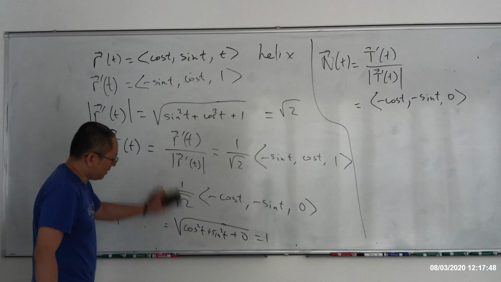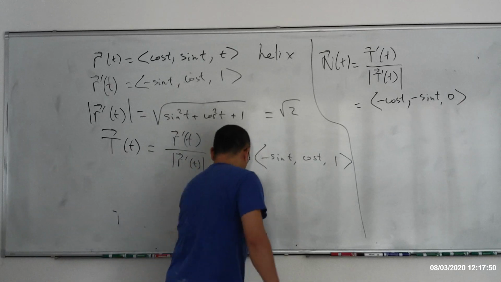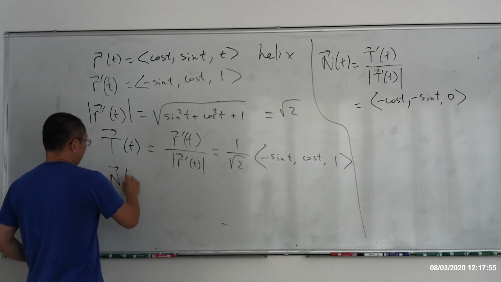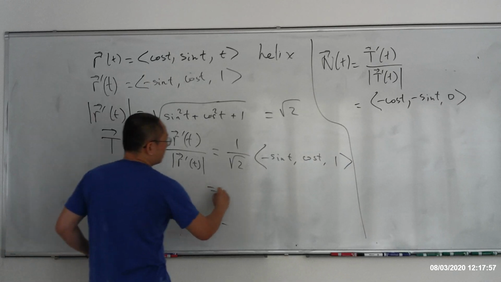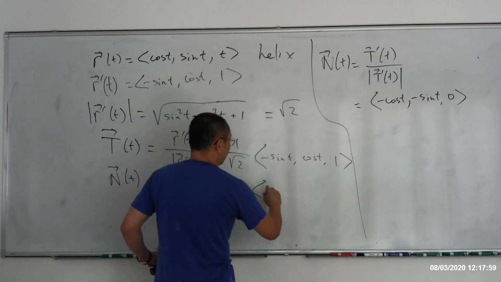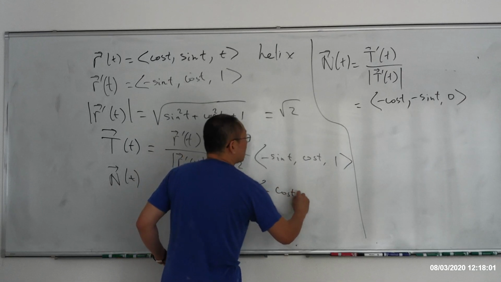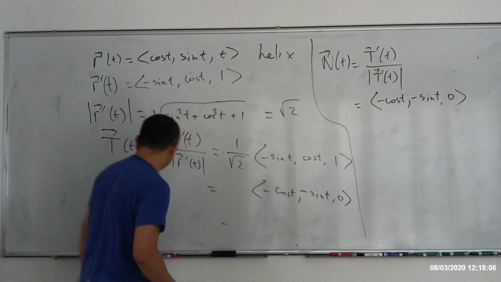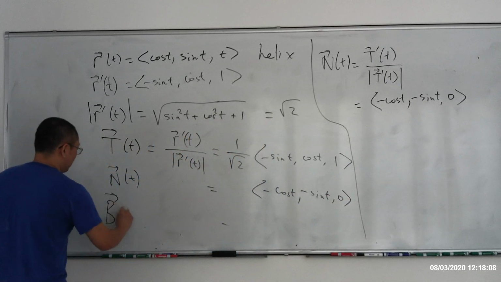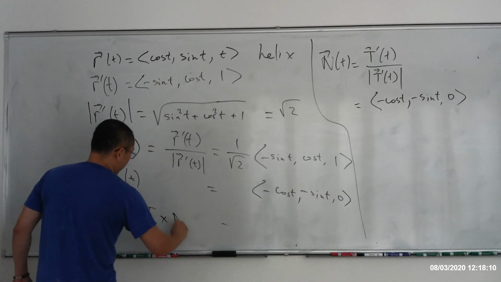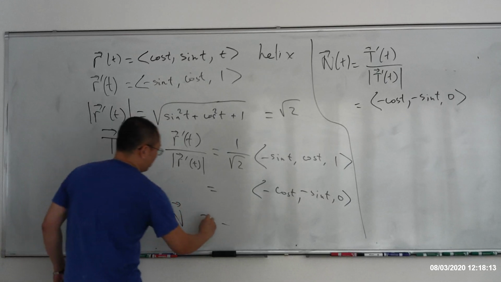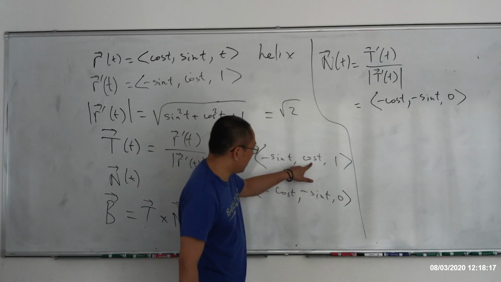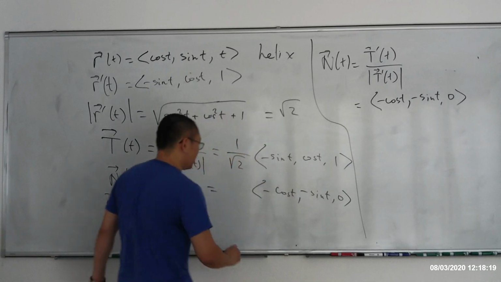Now let me write it down here. I'm running out of space, so let me erase this. I have the normal vector in here. It's equal to negative cosine t, negative sine t, 0. I've got two vectors already. So vector B is t cross n, and you know how to do the cross product, right? Well, the i term is 0 times cosine minus, plus, it's going to be sine t.